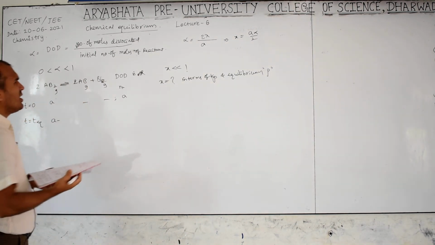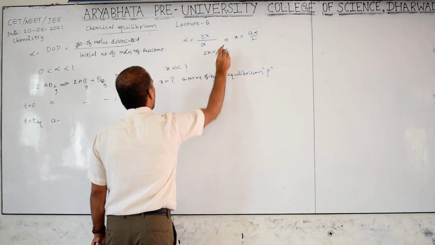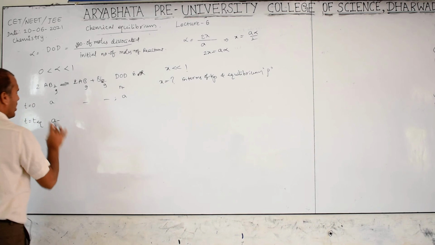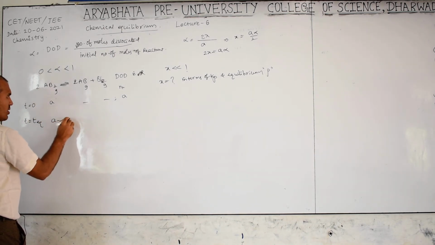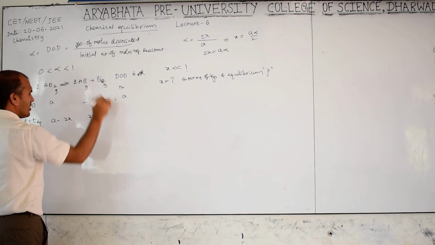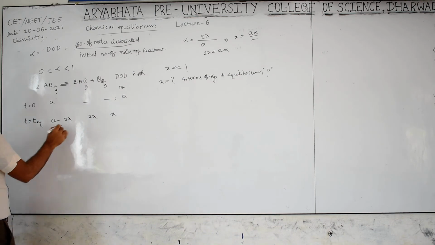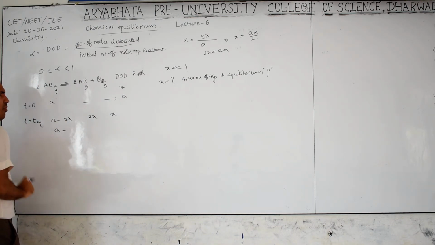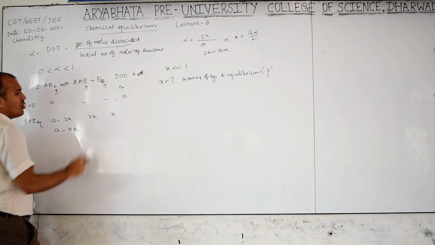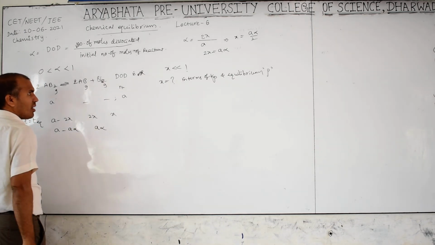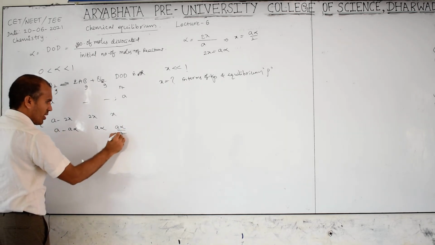So now 2x is equal to A alpha. Keep in mind, generally you write A minus 2x, with 2x and x. But when degree of dissociation is given, A minus 2x is equal to A minus A alpha. 2x is equal to A alpha. x is equal to A alpha by 2.